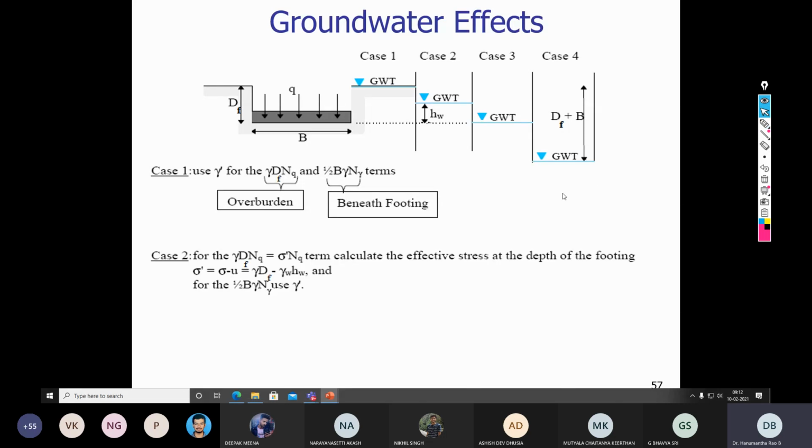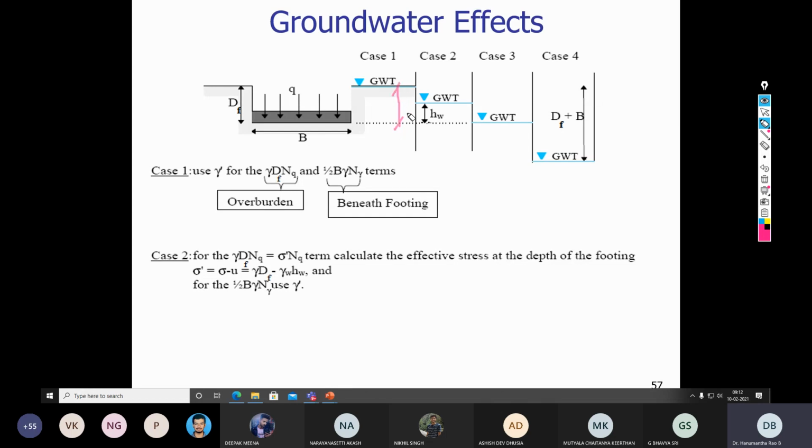Next, case 2, where the location of the groundwater table is between ground surface and the foundation level, that is the dotted line. Consider the height from the ground surface to the foundation level.